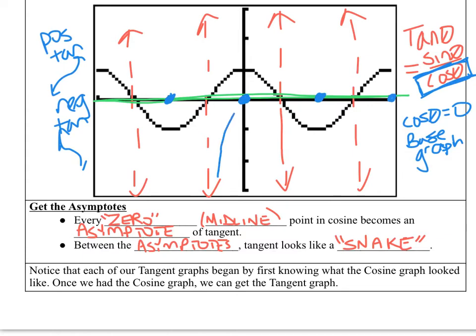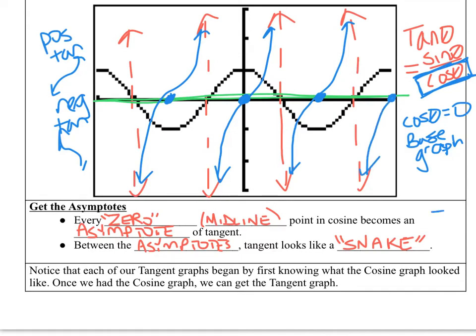So through all these, I'm just going to kind of do something like this. The point is actually our point of inflection on these graphs. And that is it. So every 0 or midline point in cosine becomes an asymptote of tangent. And between the asymptotes, the tangent looks like a snake with our point of inflection on the midline.